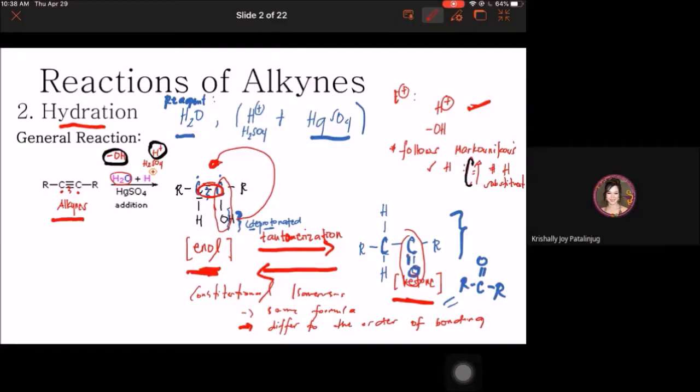Okay, there is interconversion, the movement of a hydrogen atom upon deprotonation, and the reorganization of the bonding electrons from a double bond between carbon and carbon to a double bond between carbon and oxygen.